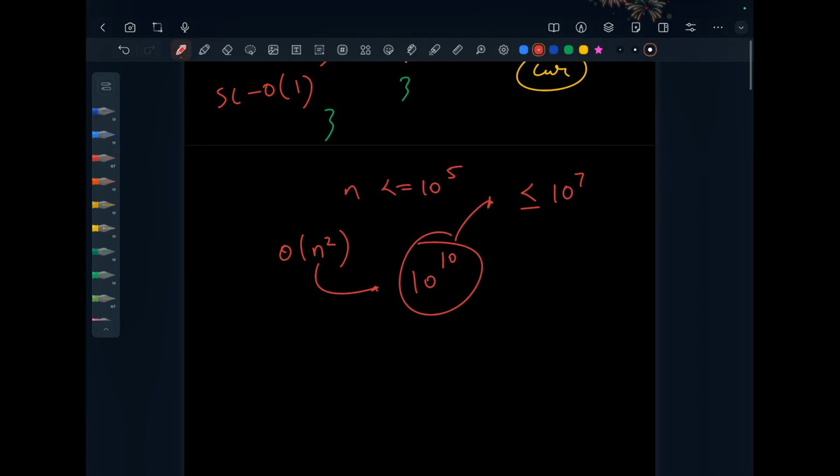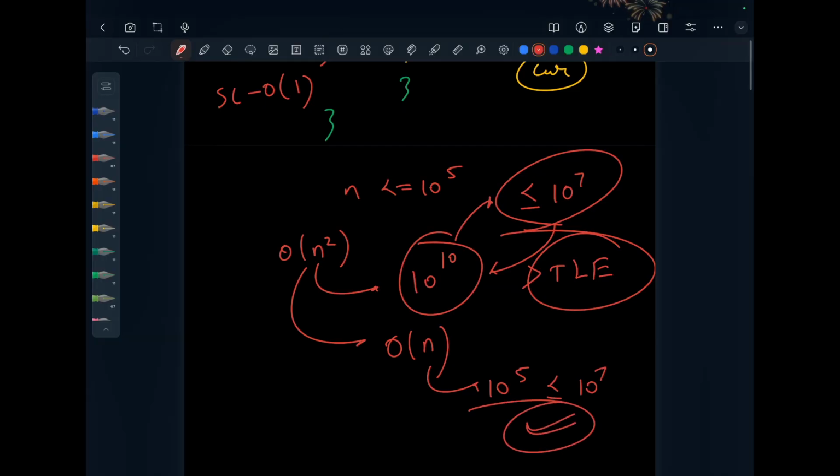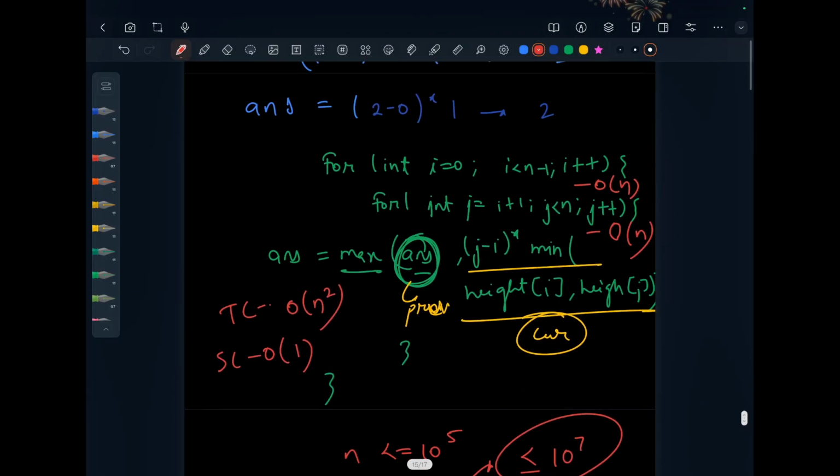So we have to keep our number of operations less than or equal to 10 to the power 7. If it becomes more than 10 to the power 7, it will give me time limit exceeded. So that means we have to write our algorithm in big O of n, which is 10 to the power 5, which is less than or equal to 10 to the power 7. So this will pass. So now how can we optimize our solution?